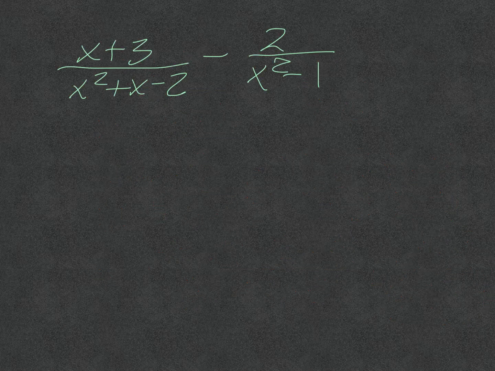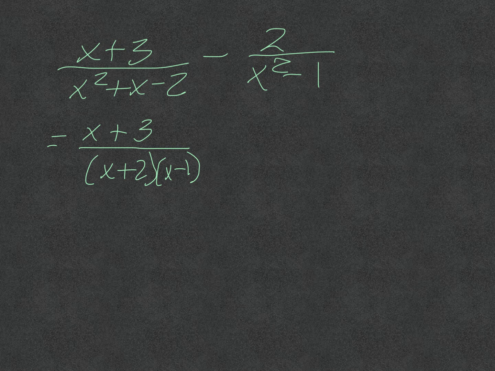So this one has two denominators, neither are factored. So our first step is to factor them. So this is equal to x plus 3 over x plus 2 times x minus 1 minus 2 over x plus 1, x minus 1.